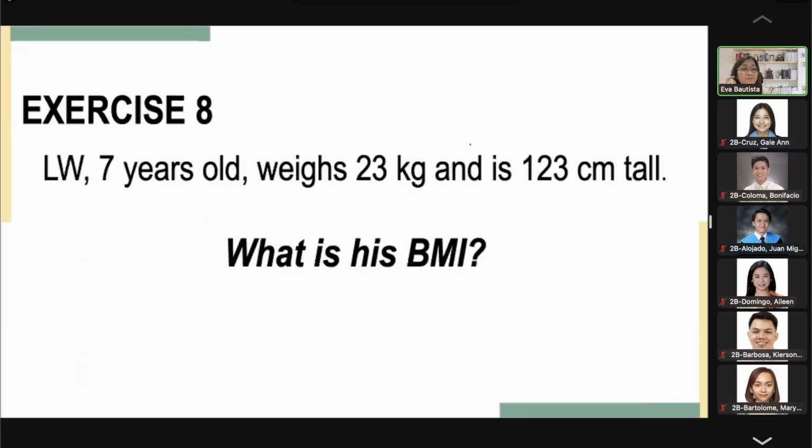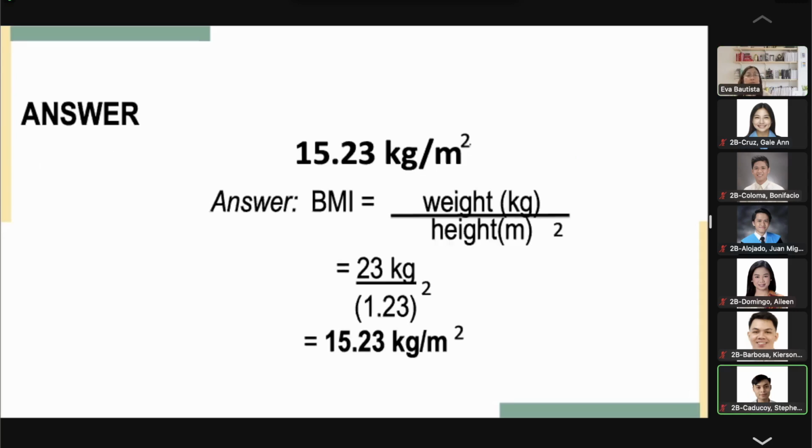So let's have some exercises. 7 years old, weighing 23 kilograms and 123 centimeters tall. So what is the BMI of LW? Can you compute? 15.23. Yes, Steven, that's correct. 15.2.